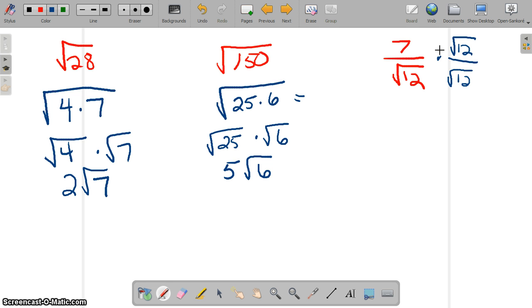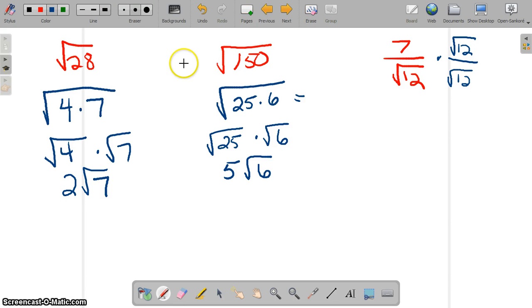First of all, why can you do that? Why is it okay? Radical 12 over radical 12 happens to be what number? Hopefully you're saying 1. If you multiply 1 times a number, do you change its value? Hopefully you're saying no. So we're just multiplying by 1, and that's not changing the value.